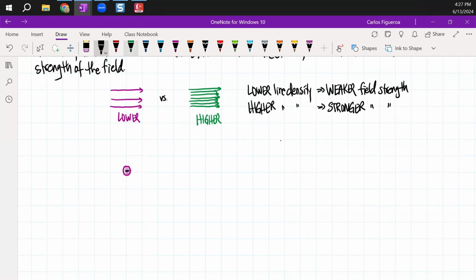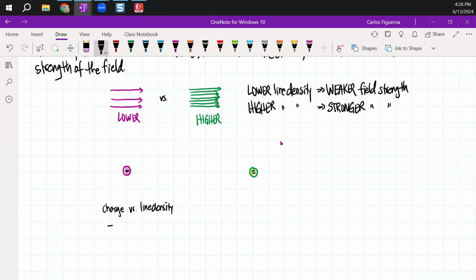I have another negative charge, and look that I'm trying to draw them the same size because charge is not about size. This guy has twice the number of charges. So what we're seeing here is that now we scale it. What I'm going to do here is that I'm going to say, this is the charge, and then I need to compare this to the line density.